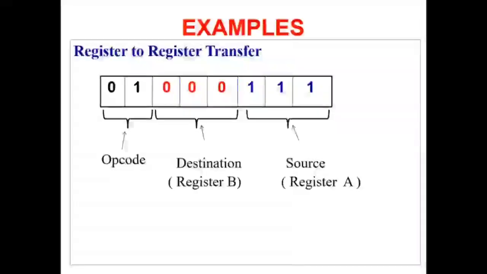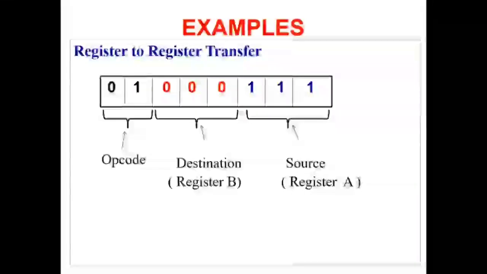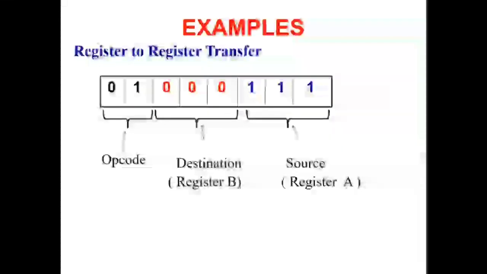And then it has got what we call the operands. That means either an address or the data which is required to complete the instruction. So the first example was the register-to-register transfer, where you can move data from one register to another. Remember, we are using Intel 8085 instructions as examples.